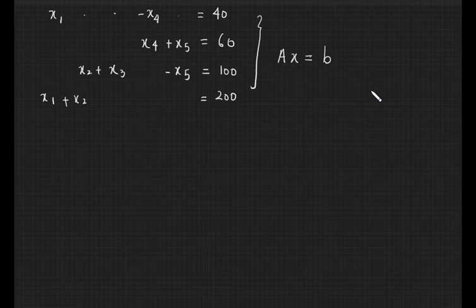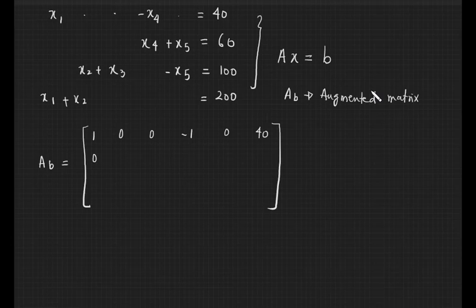If AB represents the augmented matrix, then the augmented matrix of this system is written as 1 0 0 minus 1 0 40, 0 0 0 1 1 60, 0 1 1 0 minus 1 100, 1 1 0 0 0 200.